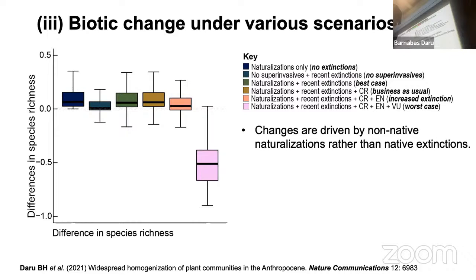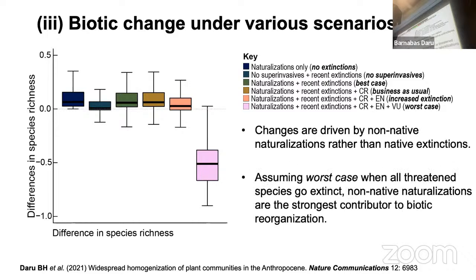And even in a worst-case scenario where currently threatened species are assumed to go extinct, we found that non-native naturalizations still remain by far the strongest contributors to biotic reorganization in the Anthropocene.